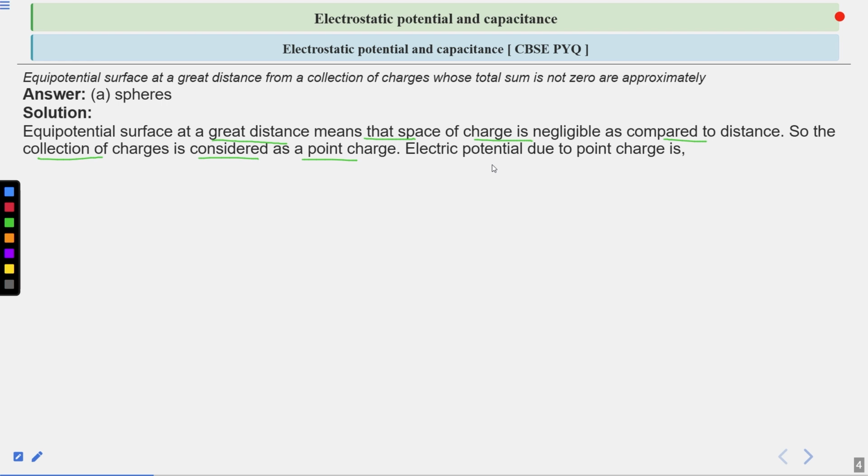Okay. So electric potential due to point charges: we know that V equals kq by r. This is the formula for potential due to a point charge at any distance r. If we fix this r around a charge, in any direction this is the same r.